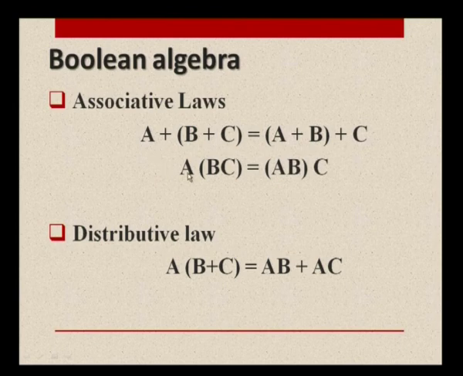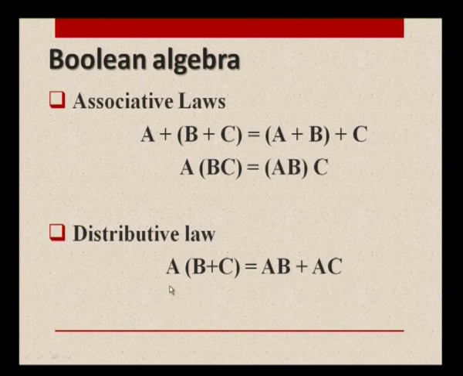Similarly, we have the associative law for AND operation also: A, B, C within brackets is equal to AB within brackets, C. And this is the distributive law: A times B plus C within brackets is equal to AB plus AC.